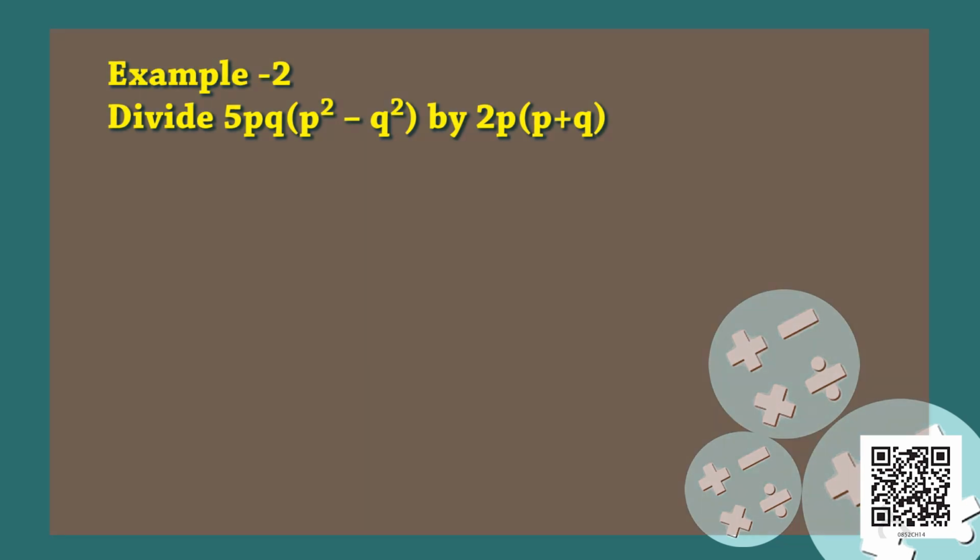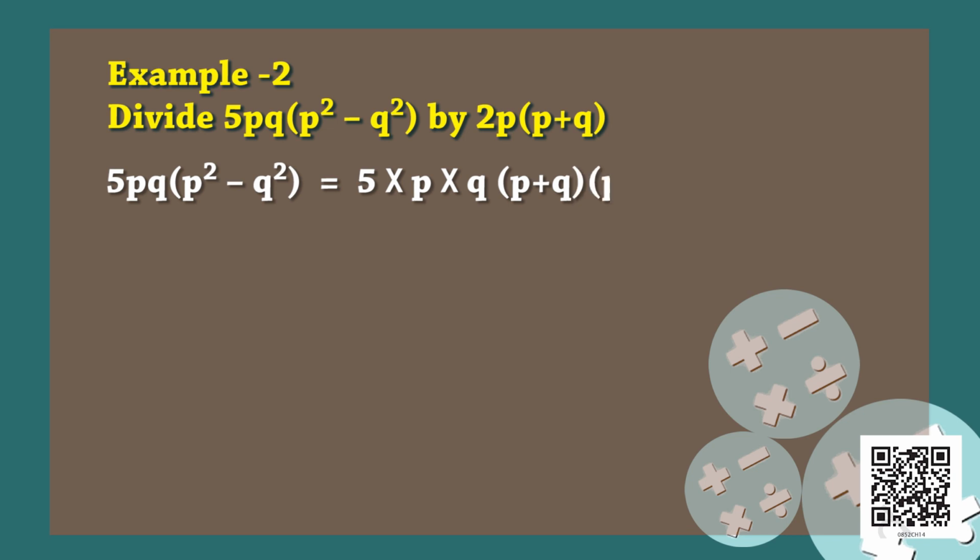Example 2. Divide 5pq into (p square minus q square) by 2p into (p plus q). First look at 5pq into (p square minus q square), which is equal to 5 into p into q into. We know that from the third identity, p square minus q square can be written as (p plus q) into (p minus q).